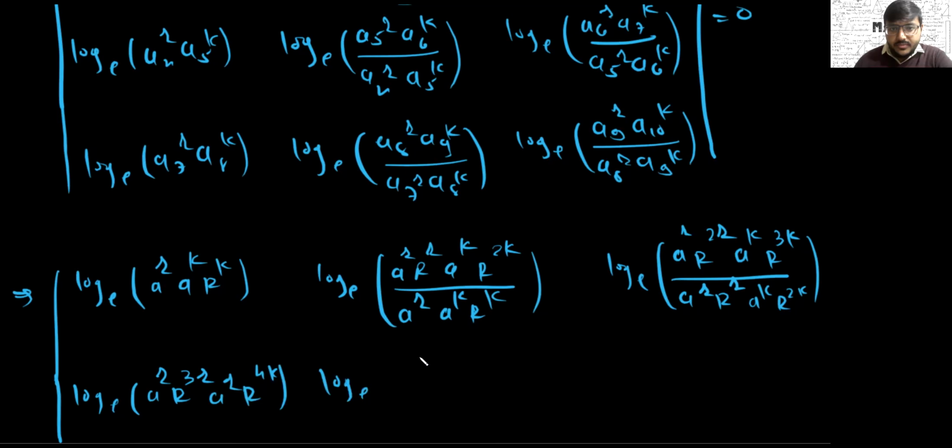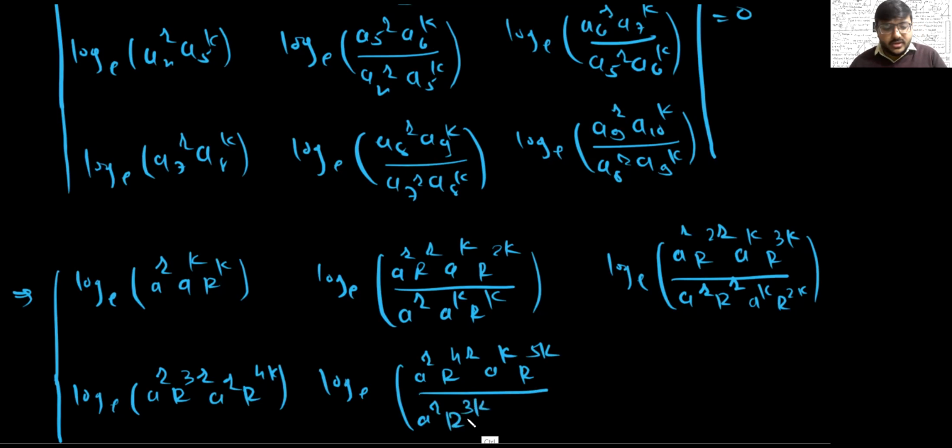Same way, log e, just check. In the numerator, A5, that is a^r R^(4r), a^k R^(5k). Sorry, it's not 6k, it will be 5k, because it has 6 terms, right? So 5k, divided by a^r R^(3r) and a^k R^(4k).